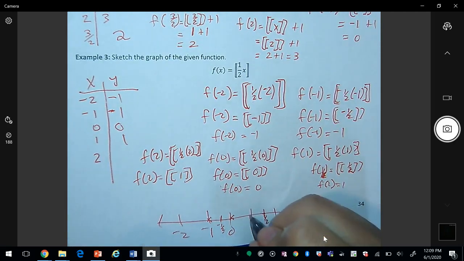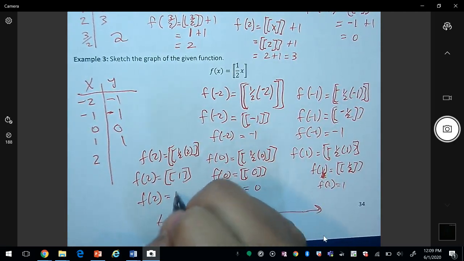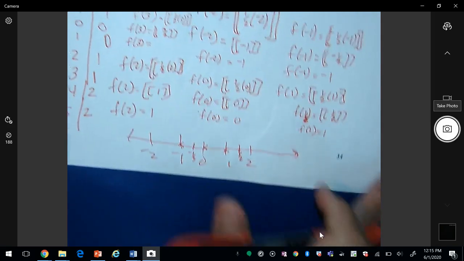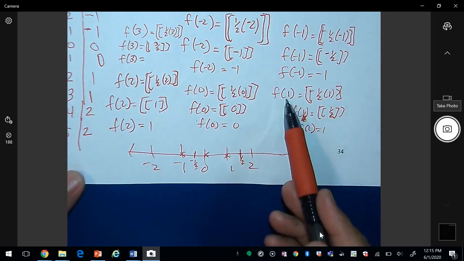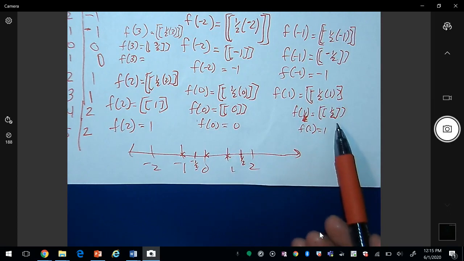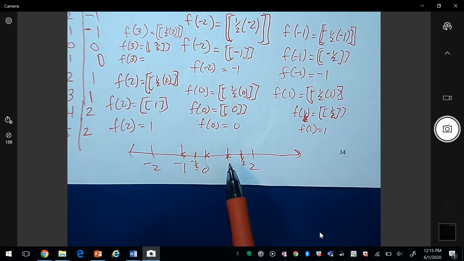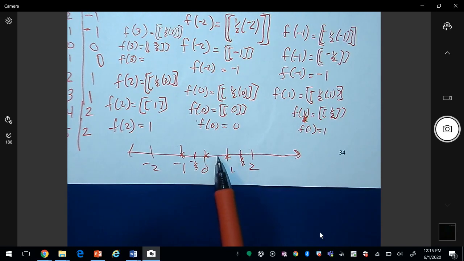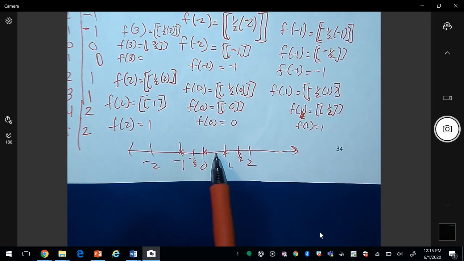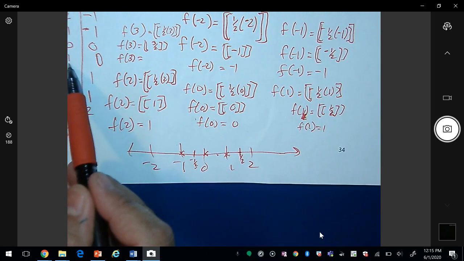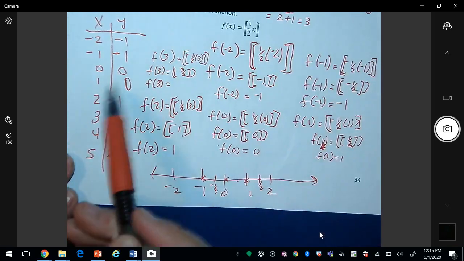For f of 1, we get 1/2 times 1, which is 1/2. And 1/2 is right here. So the greatest integer less than it would be 0. So for the 1, we get 0.